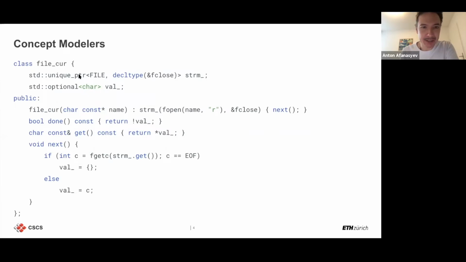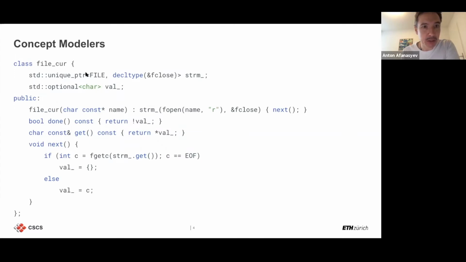It is pretty straightforward. So we use the C standard library file interface that has file open, file close, and file get char, and the whole thing is just a wrapper against it.